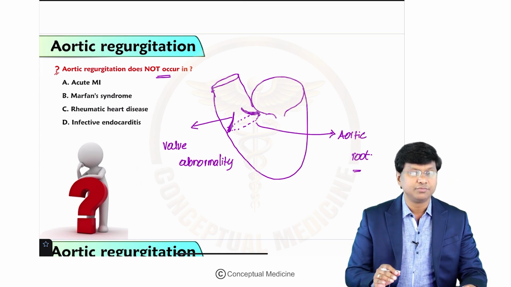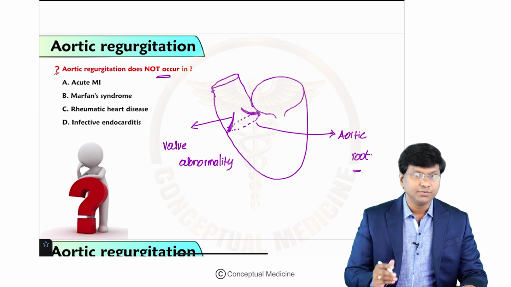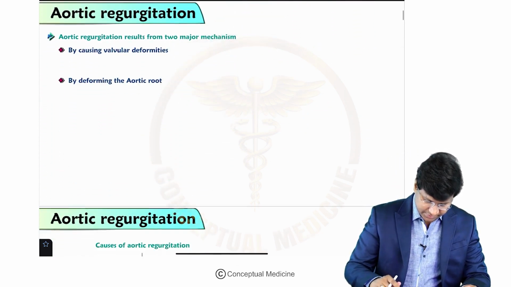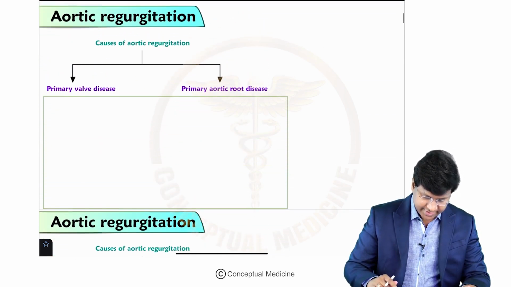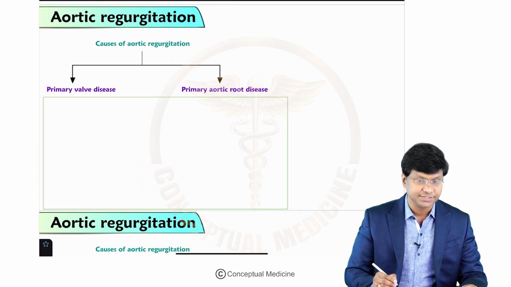So these two abnormalities can make the individual land up in aortic regurgitation. Now let me discuss what are the valve abnormalities and what are the aortic root abnormalities which can make the individual land up in aortic regurgitation.